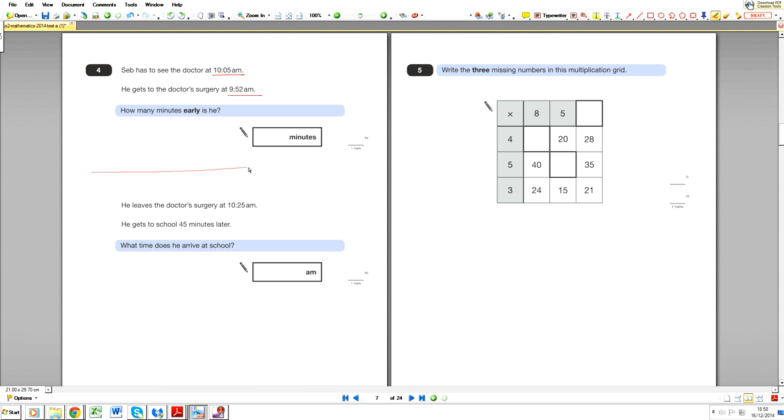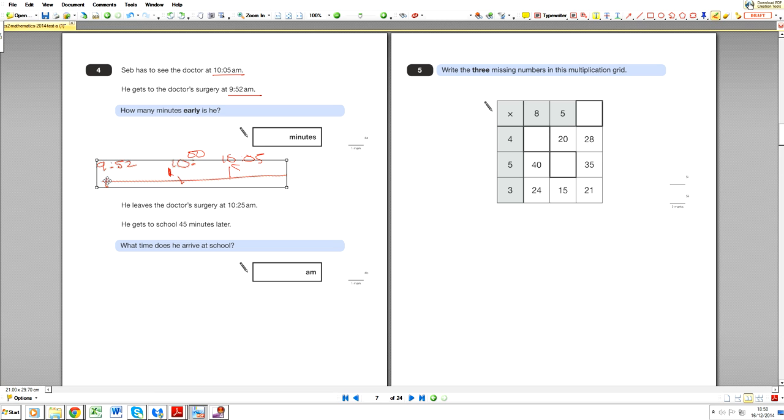So let's think about how we're going to work this out. So we have 9:52, and then the next main time is 10 o'clock. And the next time is the time that you have to be there for, which is 10:05. Okay, so what do we have now?